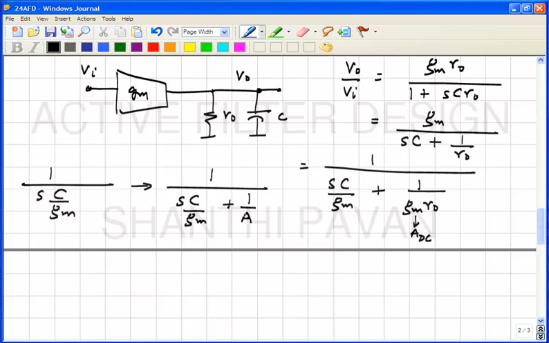So what is happening? To find the effect of finite gain on the transfer function, what are we doing? If every integrator, instead of SC by GM, has SC by GM plus 1 by A, what do you think will happen to the transfer function?